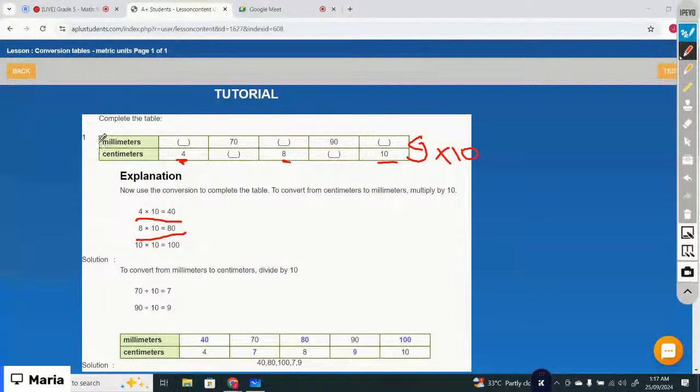When you convert from milliliter to centiliter, you need to divide them by 10. Got it? So basically, you need to keep the basic units in your mind. You have to use the basic units, right?